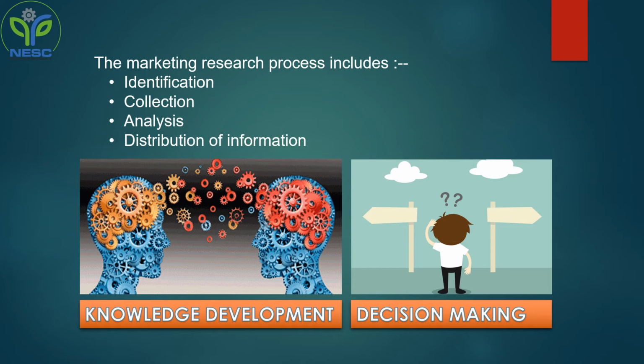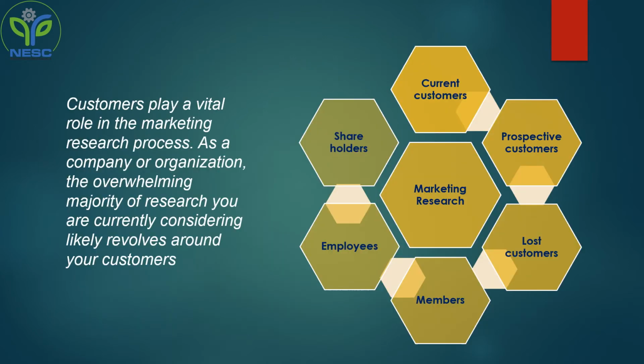So if you see, we have identified, we have collected, we have analyzed, and last we have distributed the information. So this all is for the purpose of knowledge development and decision making, meaning we will develop our knowledge first and then we will arrive at a final decision.